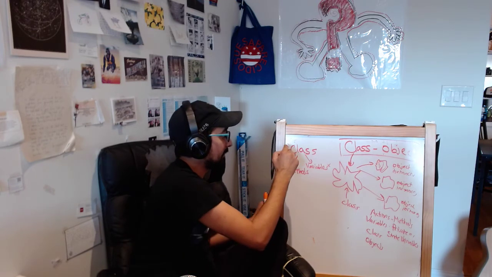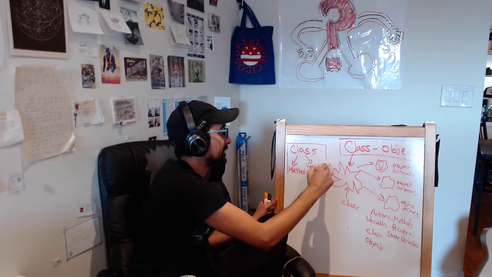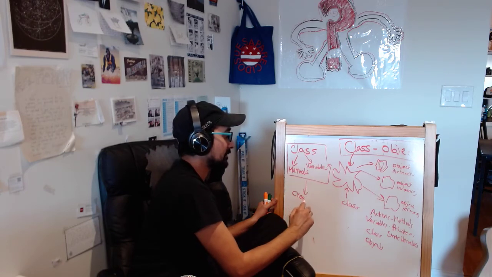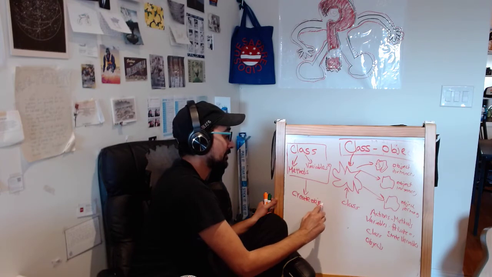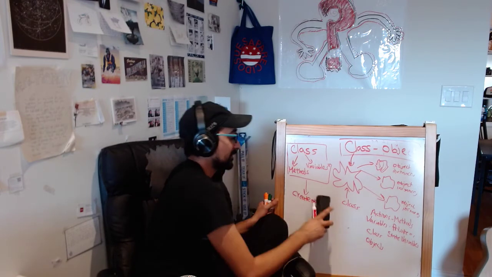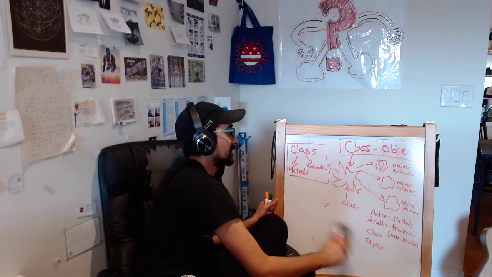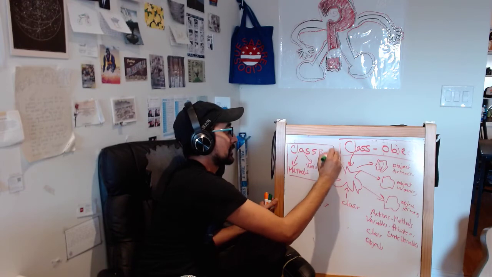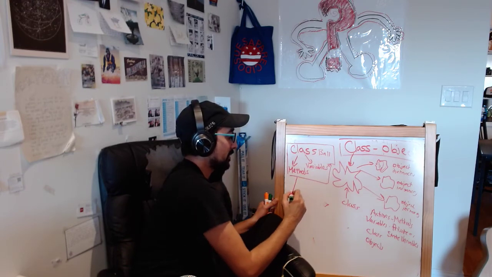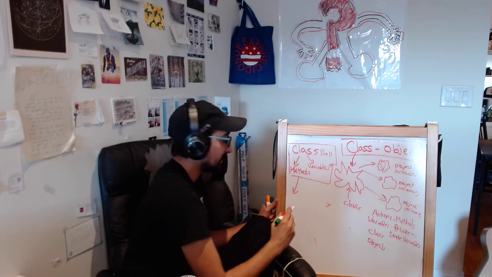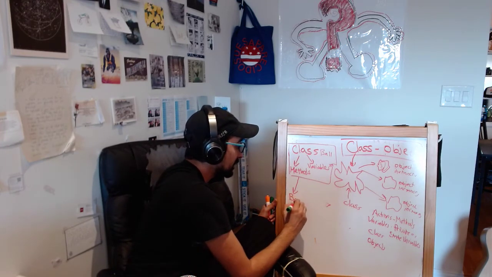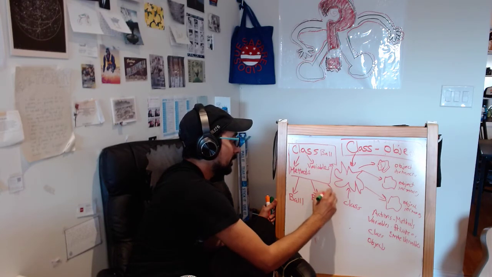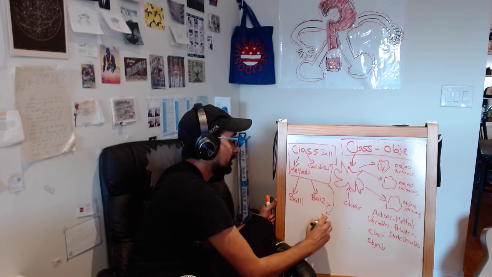All right, and a class is used to create objects, or instances. If this is our class Ball, then we can use this class like a cookie cutter, like my mutated starfish cookie cutter, to create ball 1 and ball 2 and ball 3.